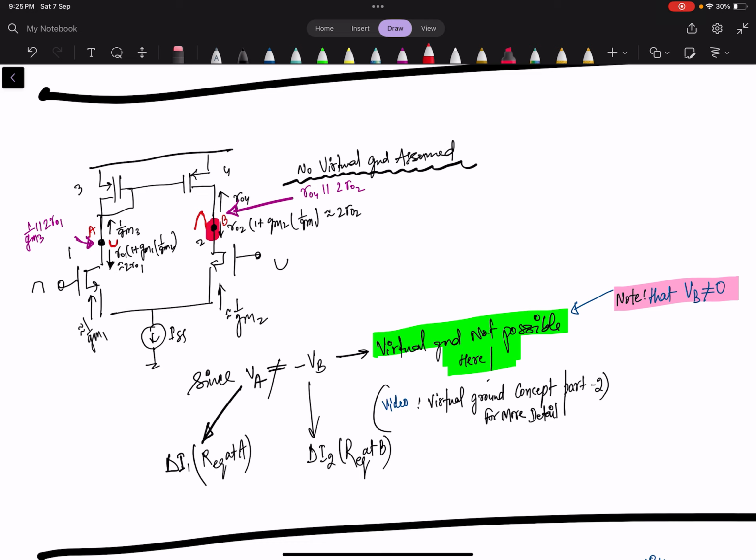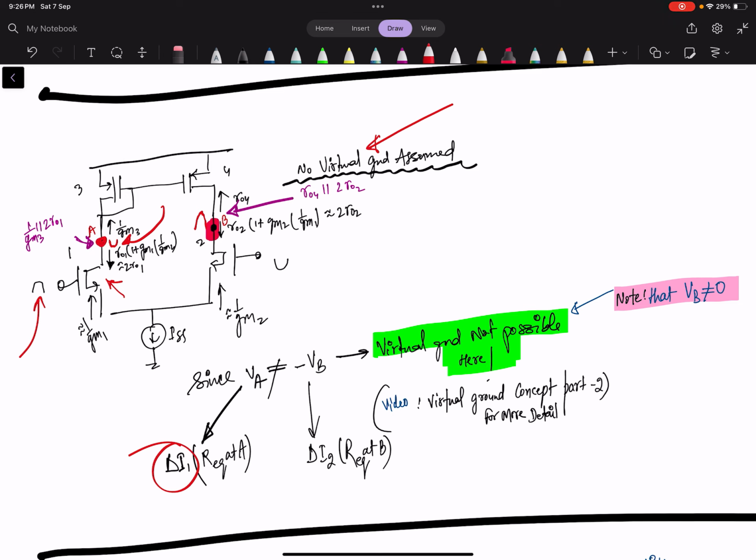If we are not assuming the virtual ground concept, let's see how to view the circuit. From the left side, let's say the input is increased by some amount. We know that inversion will happen here, and the amount of inversion depends upon the current through this M1 and the equivalent resistance calculated here.